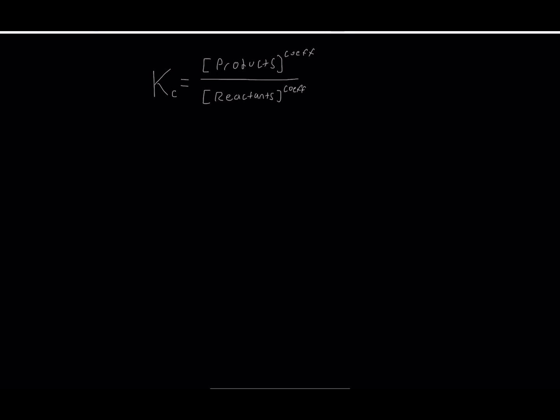Now, let's say I gave an example reaction, Haber's process. N2 plus 3H2, we can put state symbols here, is in equilibrium with 2 ammonias. If we were to put this in an equilibrium expression of K, that would be, what do you guys think?